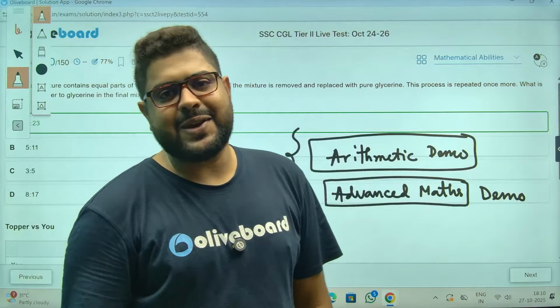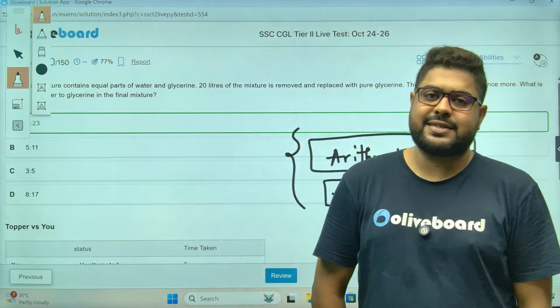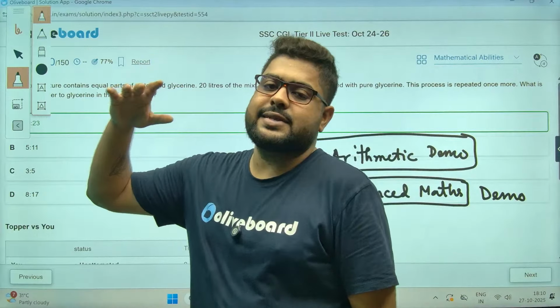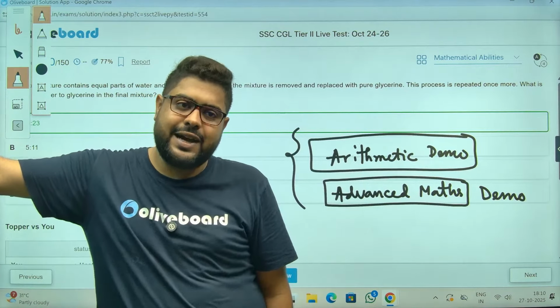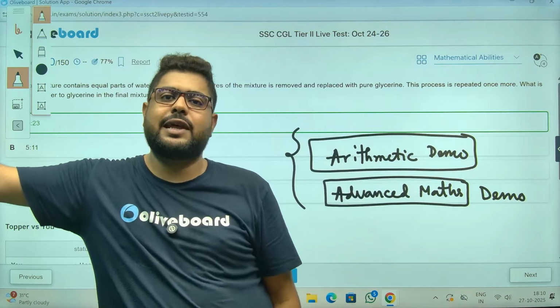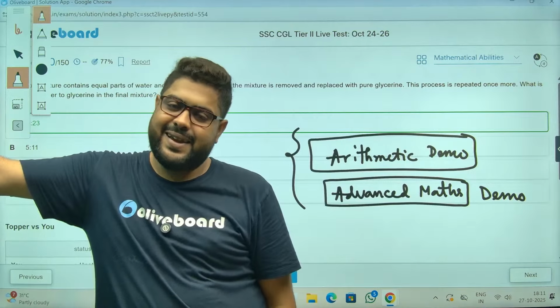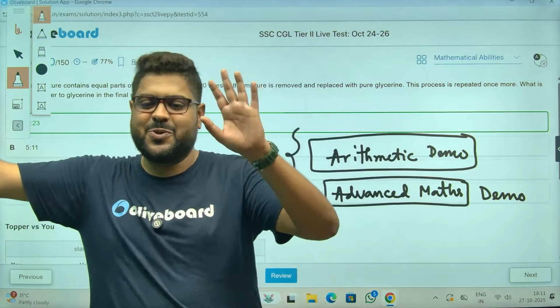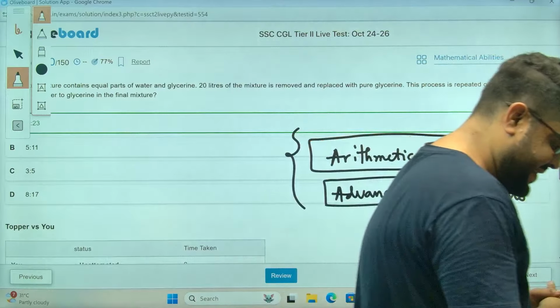Clear this one and it will be done. Think about how big an exam tier 2 is. If you clear tier 2, for most of you that will be the last competitive exam of your life, so you have to give it your all.